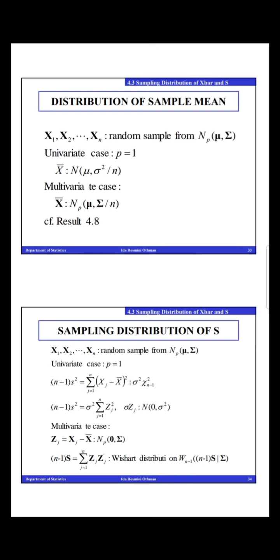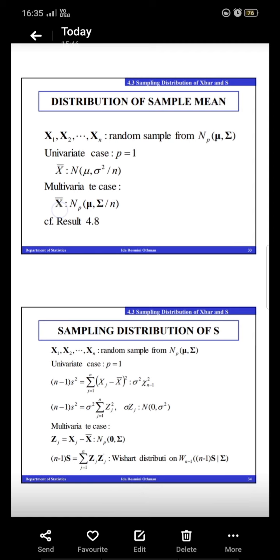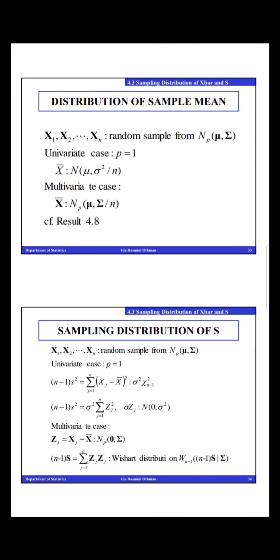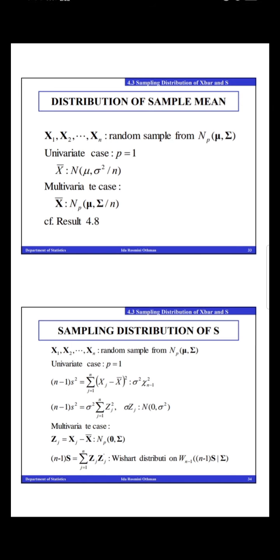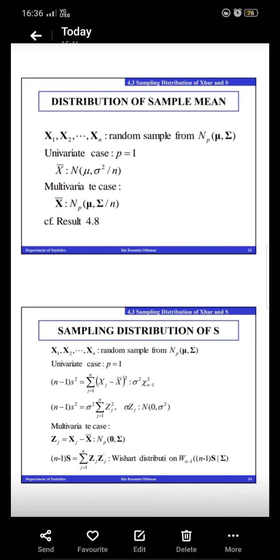For the multivariate case, x bar, the mean vector, will be normally distributed with p equal to the number of variables that you have, the mean is the mu vector, and the variance will be big sigma divided by n.